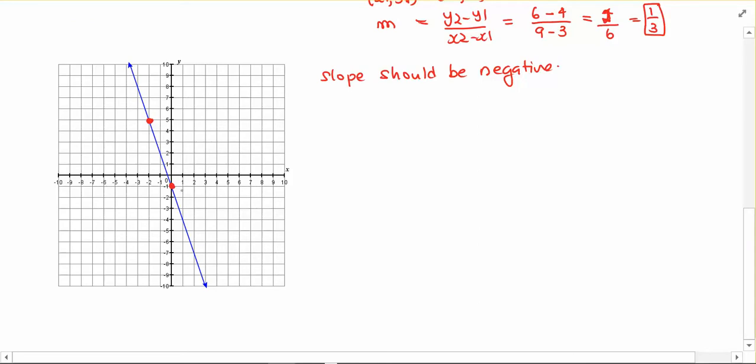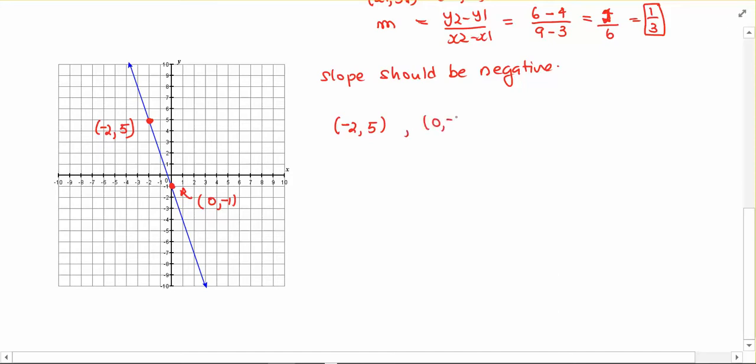So this point right here is 0 for the x, minus 1 for the y. And that one right there seems to be minus 2 for the x and 5 for the y, right? And again, it doesn't matter which pair you think of as x1, y1 and which one you think of as x2, y2.